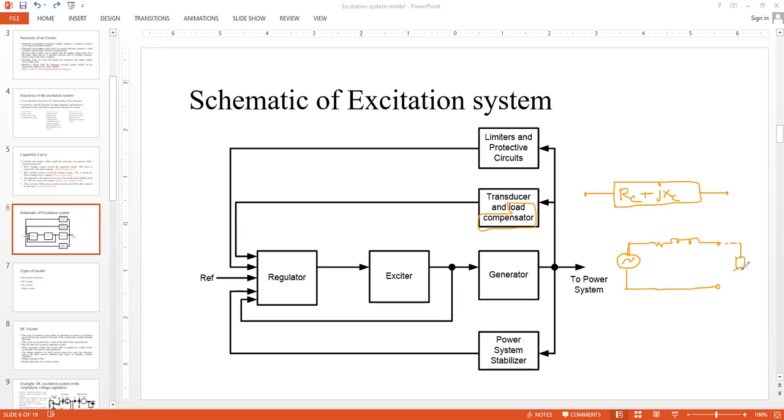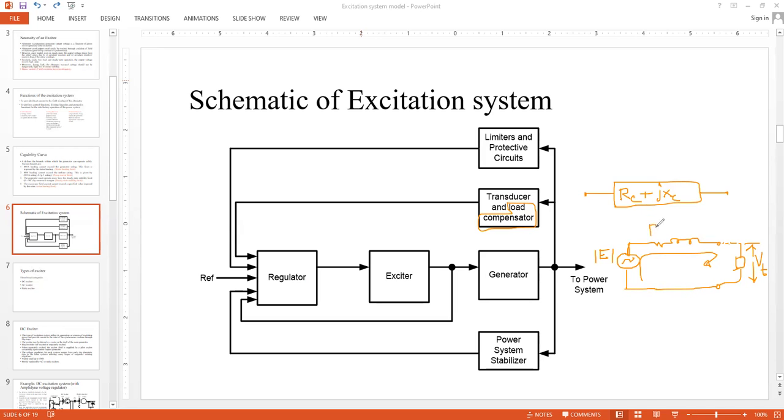As soon as there is loading, there will be some current, right? Let's say this is the internal voltage E, some internal voltage for the generator, with magnitude and some angle. And this is the terminal voltage, which we just talked about as VT, so let's keep it as VT.